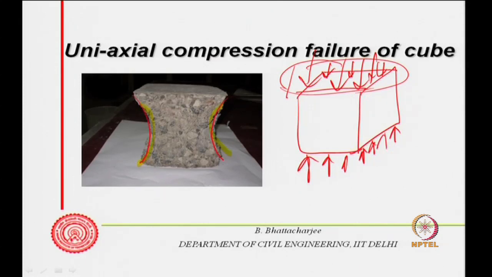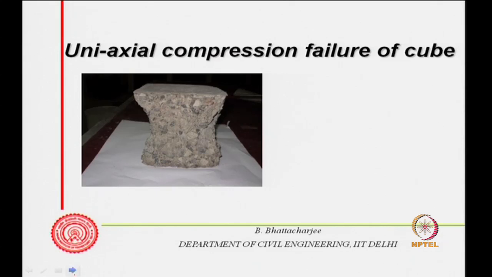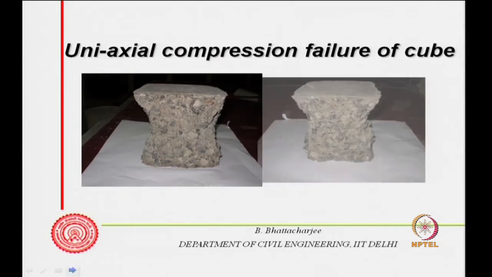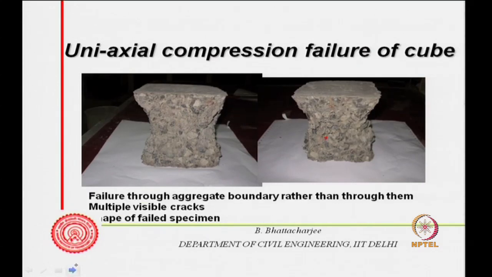You can see this is a typical failure plane taken from a photograph, and this is for normal concrete. Your aggregates are exposed, aggregate surfaces are exposed, and actually crushing of aggregate has not occurred here. So, this is typically the uniaxial failure of a cube, and this is another diagram from another side, and all show that aggregates are exposed, they do not fail in normal strength concrete.